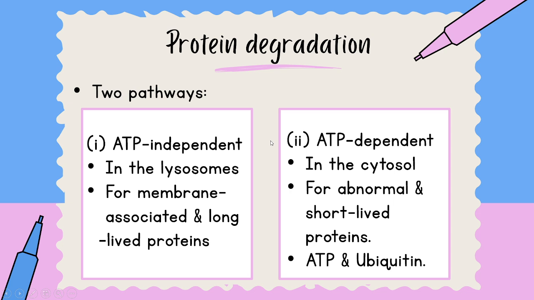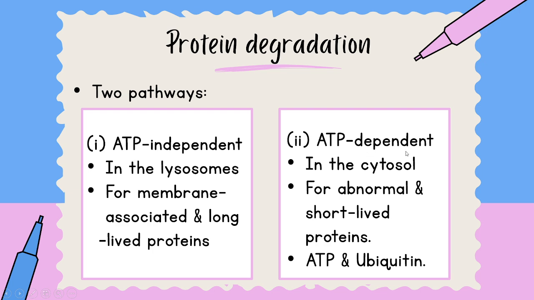And there are two pathways for protein degradation, either ATP independent or ATP dependent. The ATP-independent pathway occurs in the lysosome, mainly for membrane-associated proteins. We said these membrane-associated proteins are long-lived, and there are also other long-lived proteins.